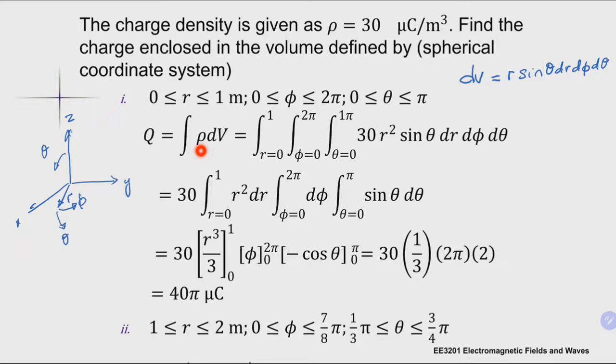Okay, again, they are all orthogonal. They are all 90 degrees from each other. Again, you can do the integral separately. So you can integrate with respect to dr separately, with respect to d phi and d theta, all separately.